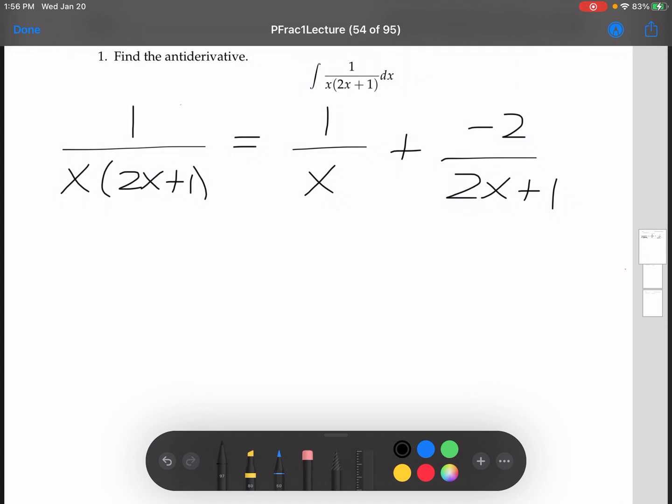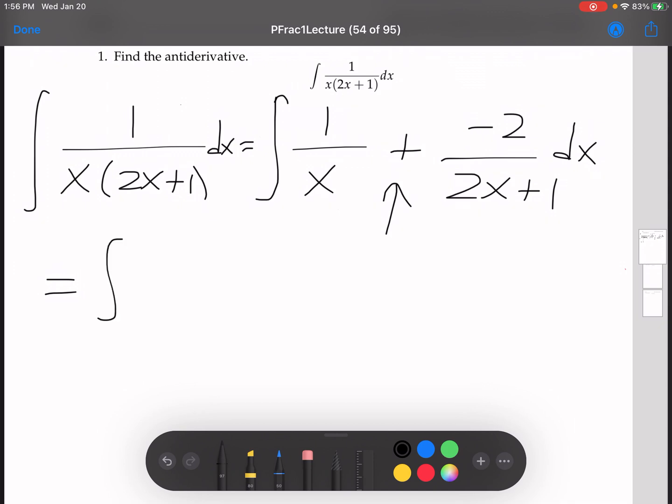All right, so how does this help us? Remember, we're trying to find this, and now we can find this instead. So I'll split it over the sum.